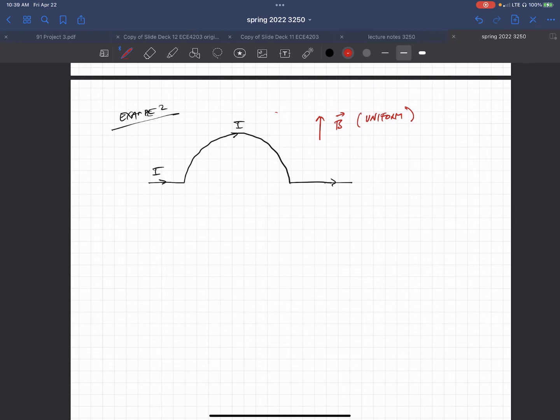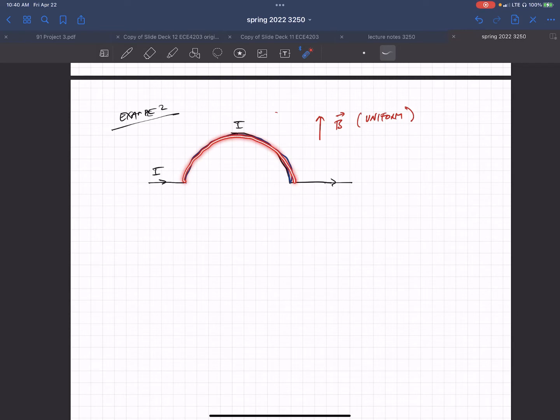Now, let's say I'm only concerned about the force on this section. Obviously, there's going to be a force on this section and this section, and I can't get rid of those sections because I need to find some way to get my current here, right? The current needs to come from somewhere and go to somewhere. If there's no current, there's no magnetic force.